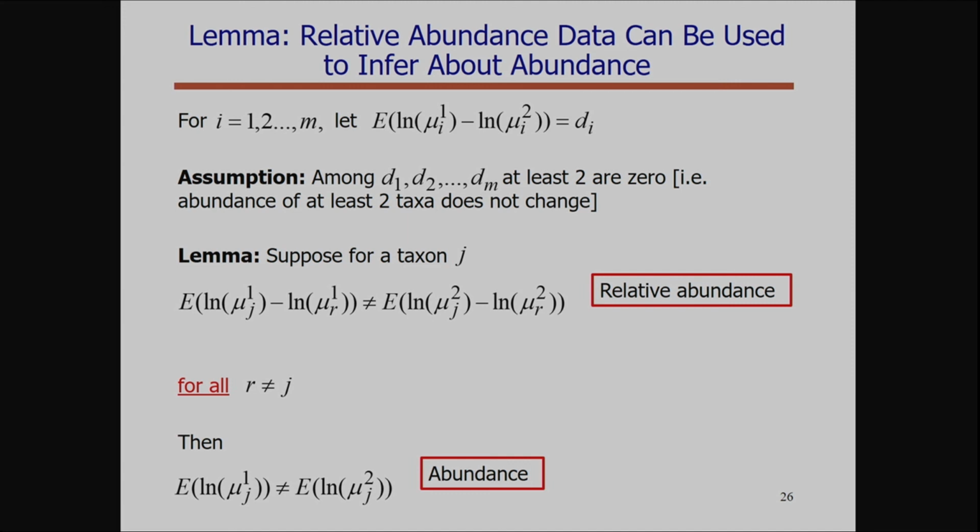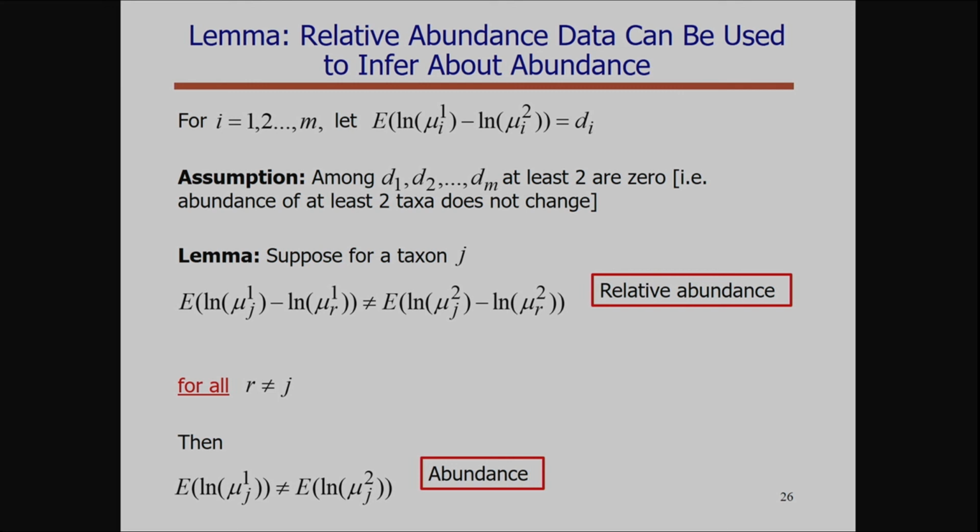Natural log of mu i superscript 1 is the natural log of the true abundance of the ith taxon in group 1, and natural log of mu i superscript 2 is the log of the abundance of the taxon i in group 2, and the difference is some d i. I'm taking a unit mass from the ecosystem, and that's the value of this. Okay? And d1, d2, dm are therefore just differences.